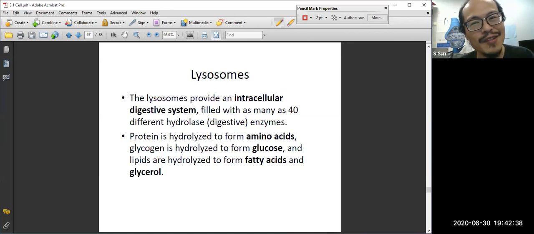That's the term I was looking for. Catabolic process. Protein is hydrolyzed into amino acids, glycogen to glucose, and lipid to fatty acids and glycerol. So basically, it's from the polymer into the monomer.